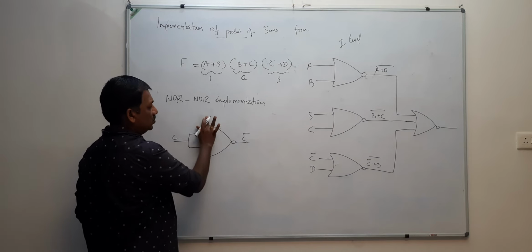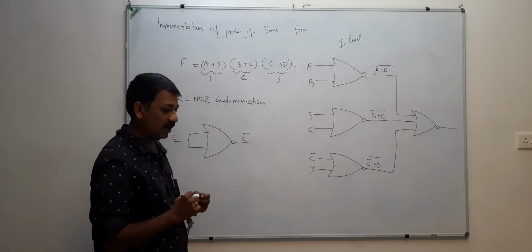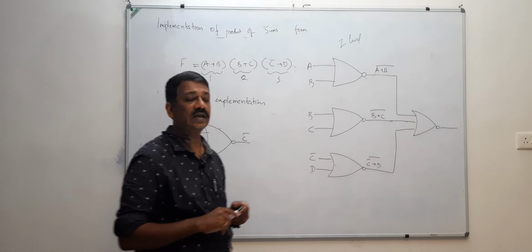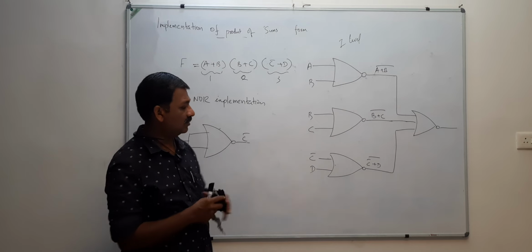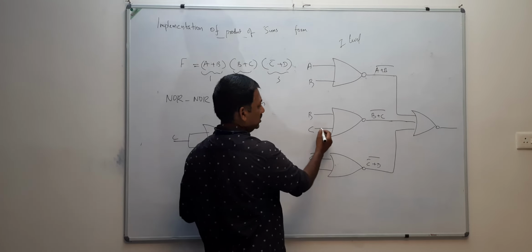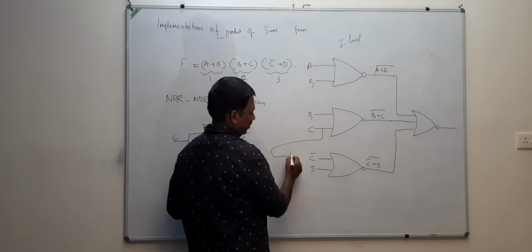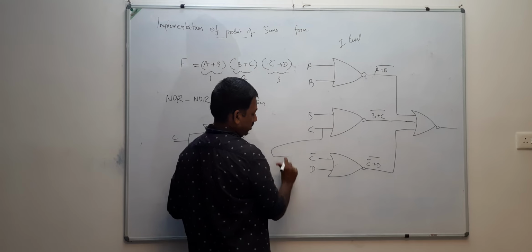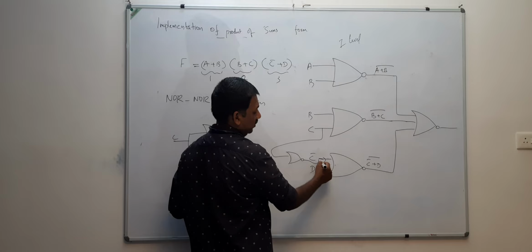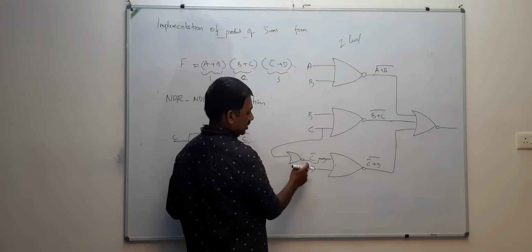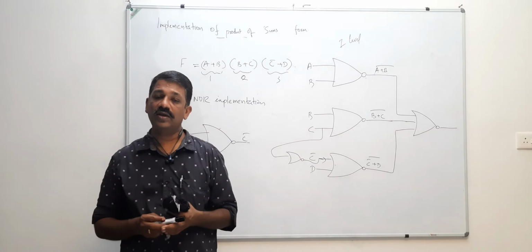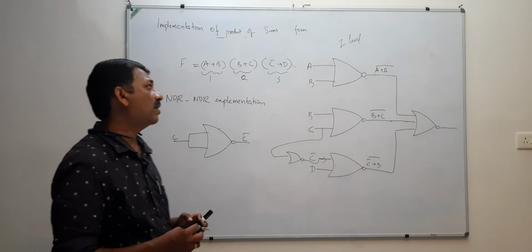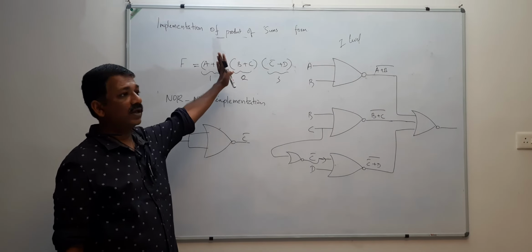That means using a simple NOR gate, you can easily realize C bar. So if this input is C, the output will be C bar. That means using only NOR gates, we can have the implementation of a Boolean expression.